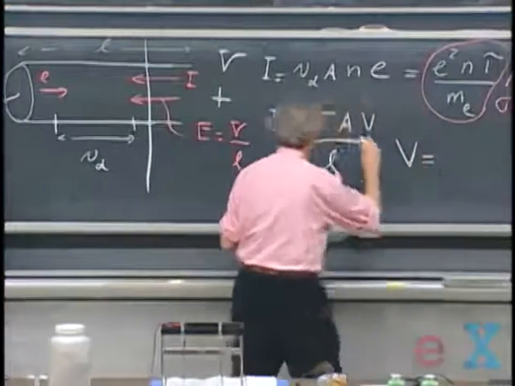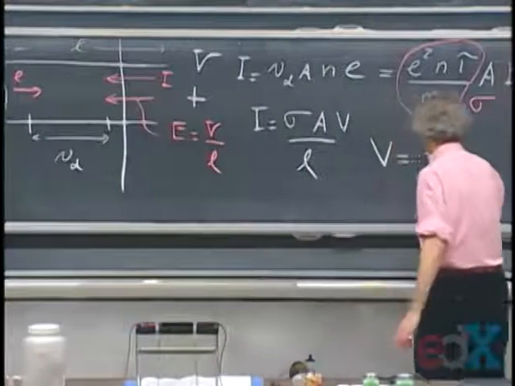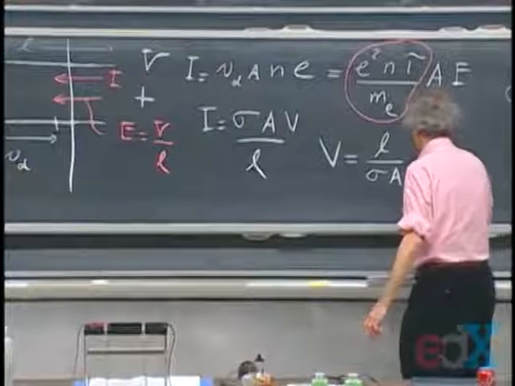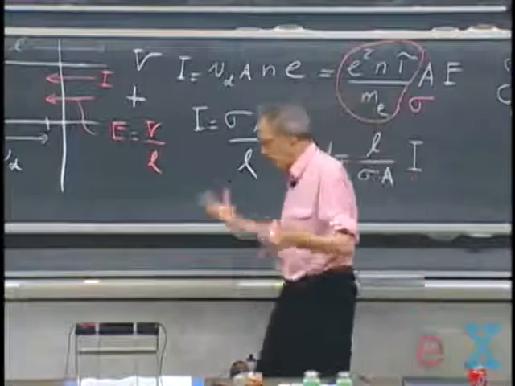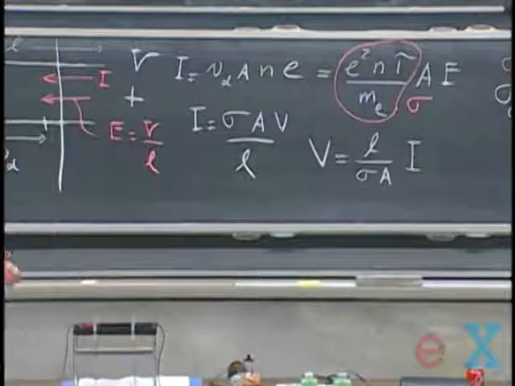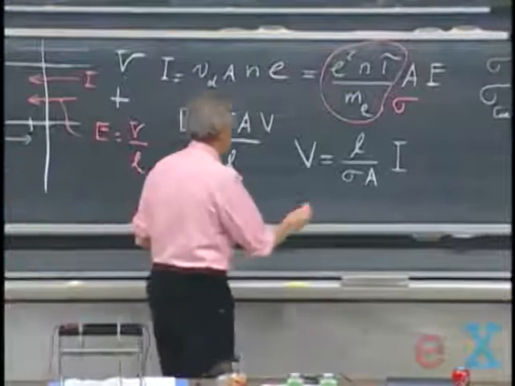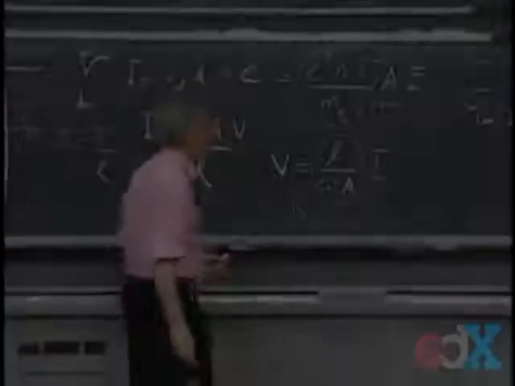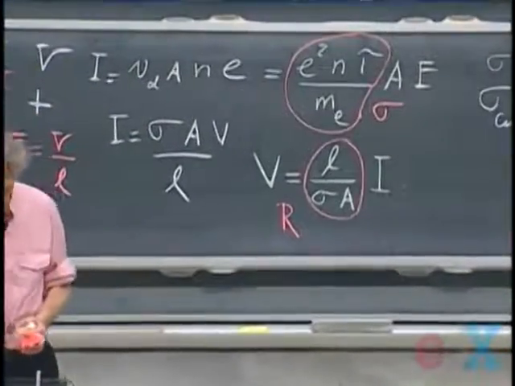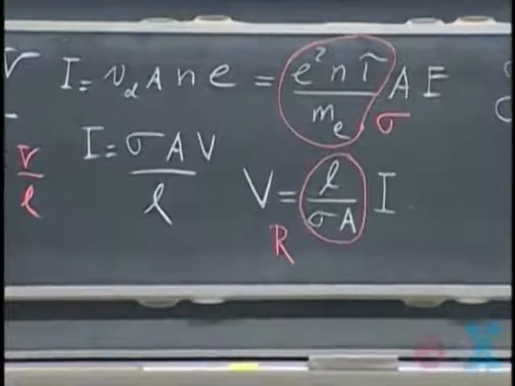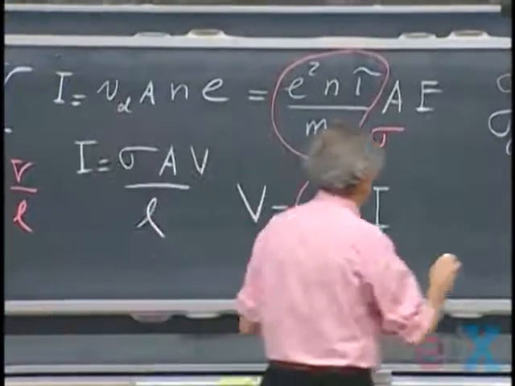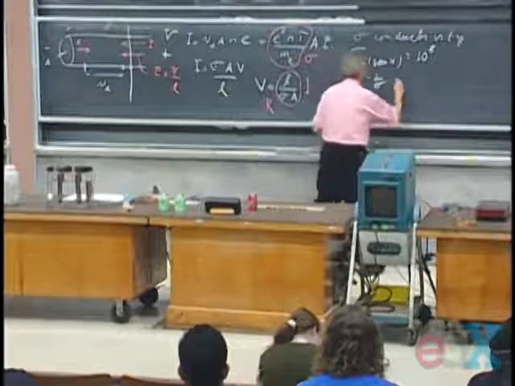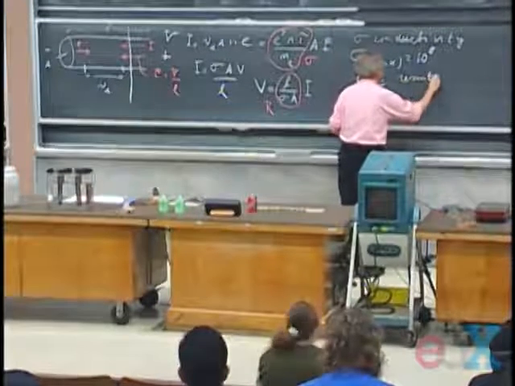I can say V therefore equals L divided by sigma A times I. And now you're staring at Ohm's law, whether you like it or not, because this is what we call the resistance, capital R. We often write down rho for 1 over sigma, and rho is called the resistivity.